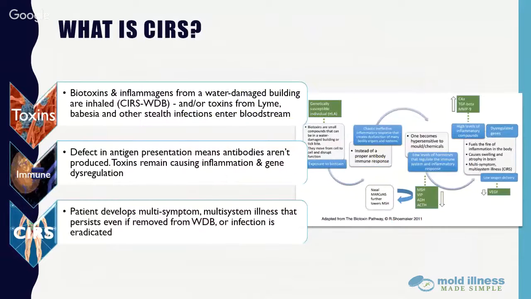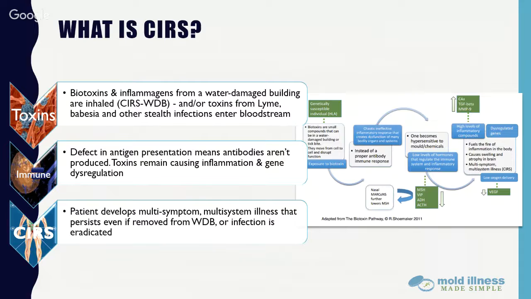All right, so back to the idea of CIRS, or chronic inflammatory response syndrome. Would you like to start off maybe talking about this, Raj, in your words, how you would describe the mechanism of CIRS and how that can happen in patients who have had a tick bite as well, maybe? Absolutely.